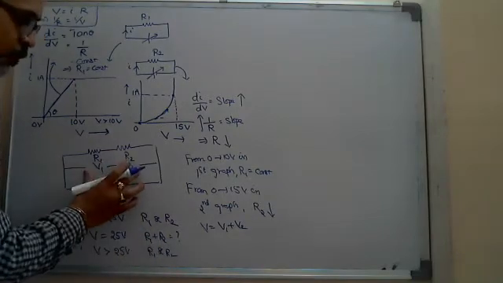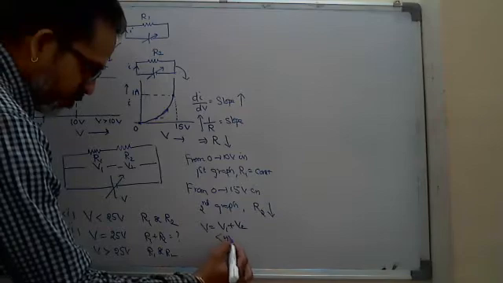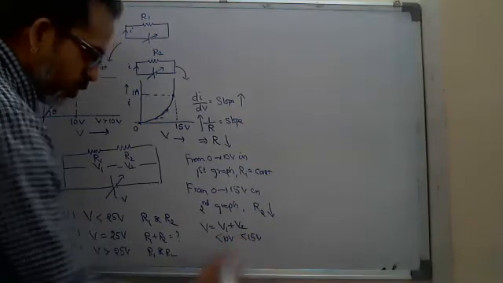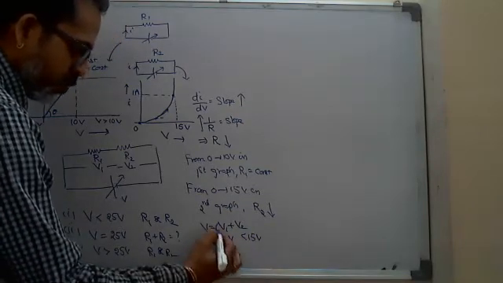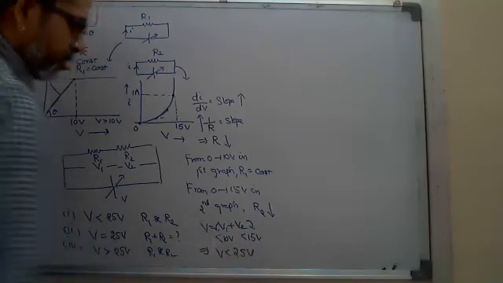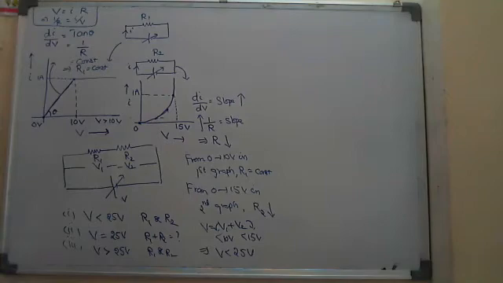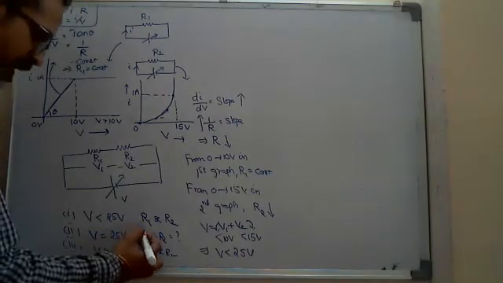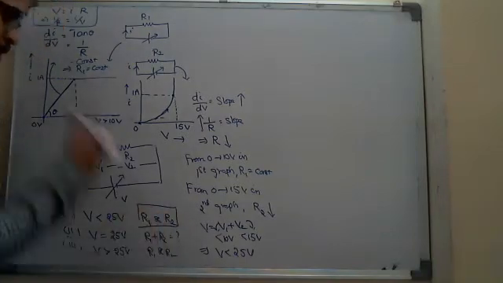By adding those two, what can we say? V is less than 25 volts. V less than 25 volts is the case where he is asking what happens to R1 and R2.